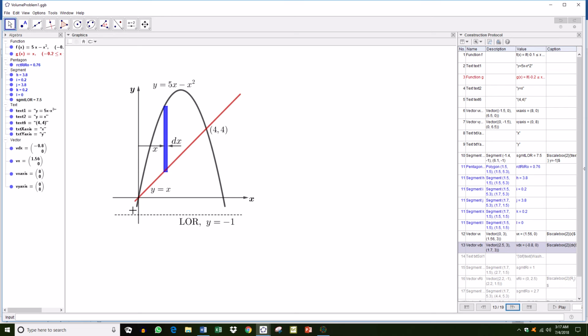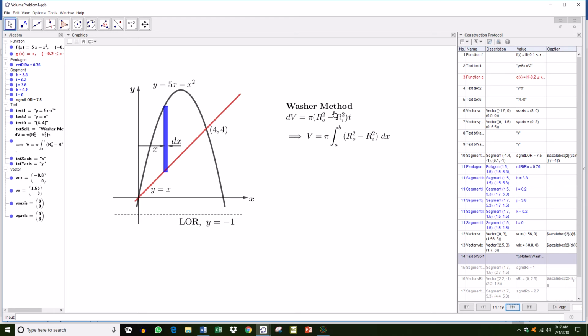So, disk washer method, what is the formula for the volume of the disk washer? Pi times rho square minus ri square times t. Now that volume of that single disk washer is now going to be what is called the differential volume dV.